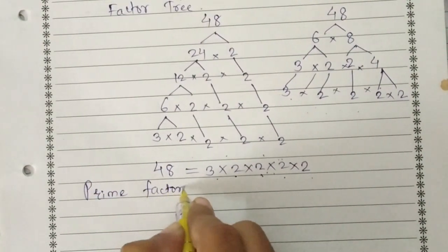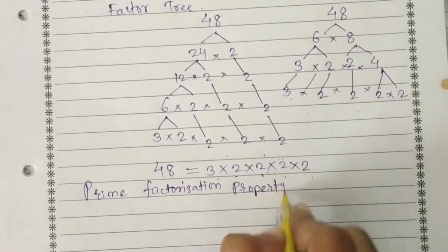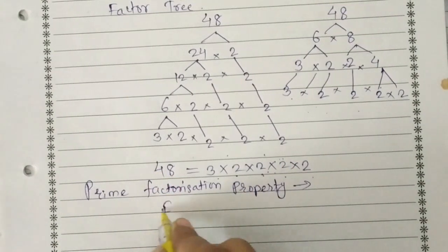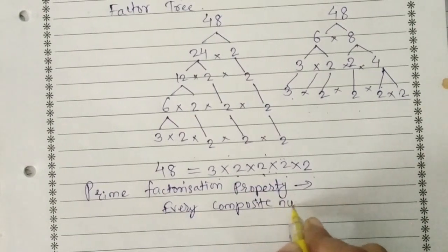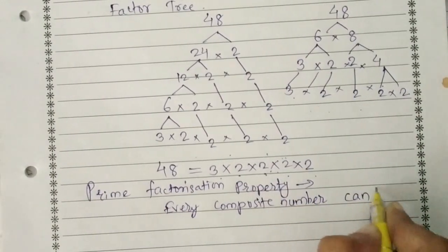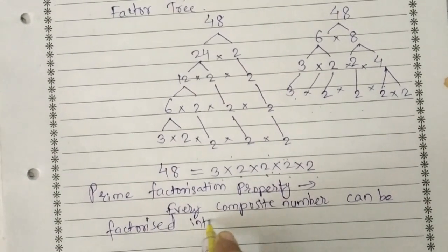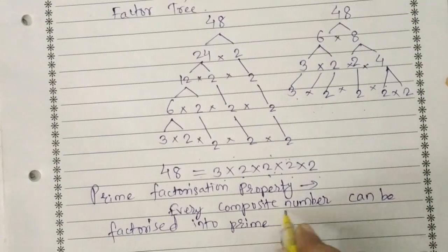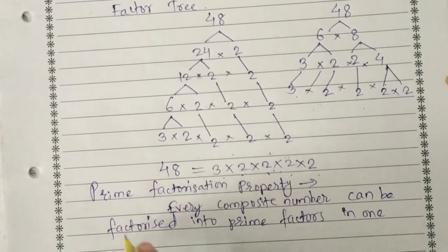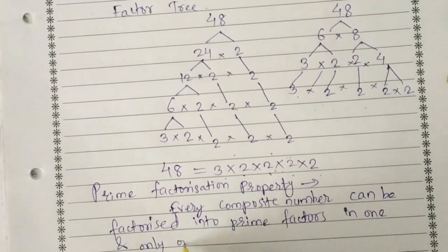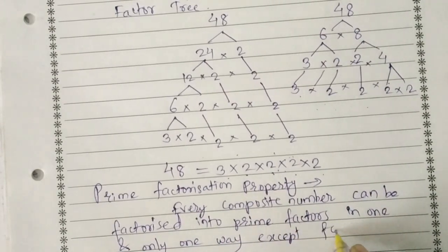Prime factorization property: every composite number can be factorized into prime factors in one and only one way, except for the order of the factors.